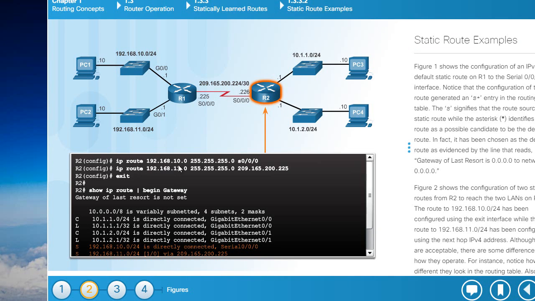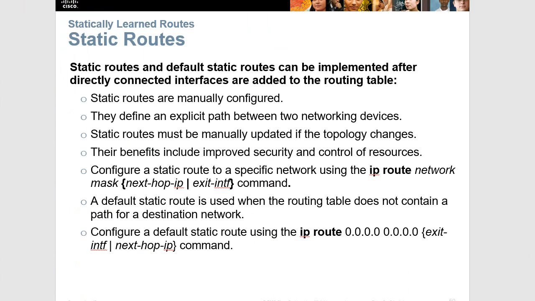You can go IP route, the network you're trying to reach, and just use the interface as part of the entry, or you can go IP route, network you're trying to reach, and then use the next hop IP address, which, since you're on R2 here, is the next hop that gets you to the 11 network, so you type in that number there. Again, I think it's going to be easier for me to type S0/0/0 instead of writing out a whole IP address, but it's up to you how you want to do things.